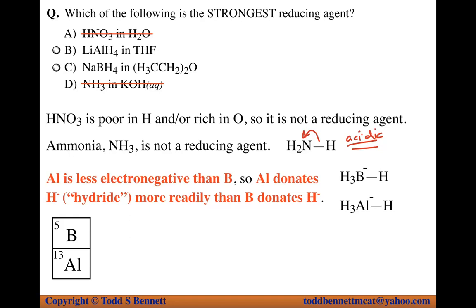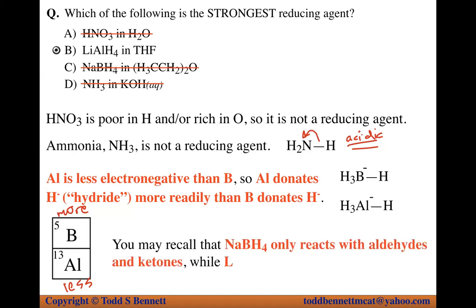So we're down to, again, boron and aluminum. And as mentioned, aluminum is less electronegative. Boron is more electronegative. Because of that, this one will only react with aldehydes and ketones. That can only give it to something that really wants it, whereas this one can give it to anything.